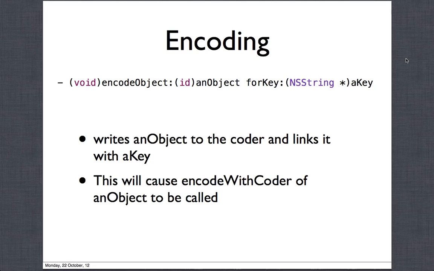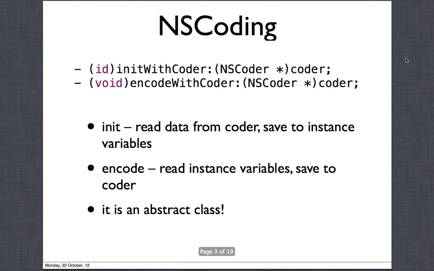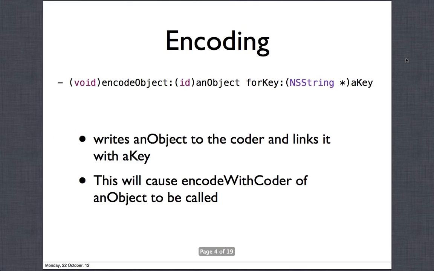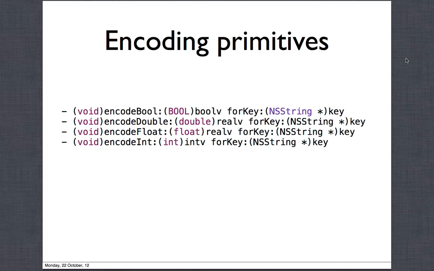Encode, because we are encoding. So the second method should be implemented. It will be called, and the object will be converted into a series of bytes, and then saved in the series with this key. And the key is just a string, just like with key value coding.